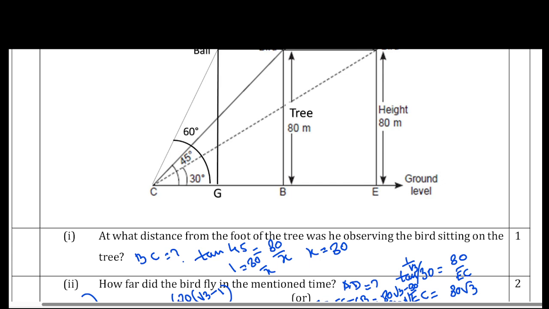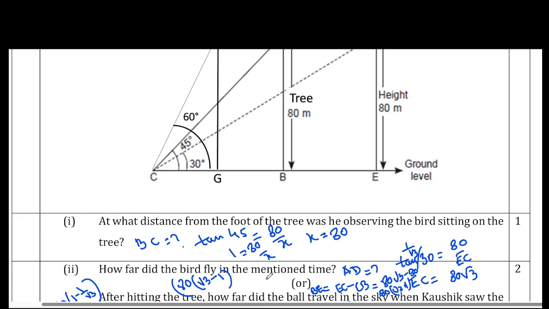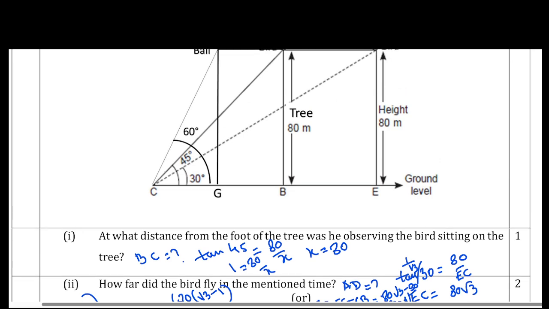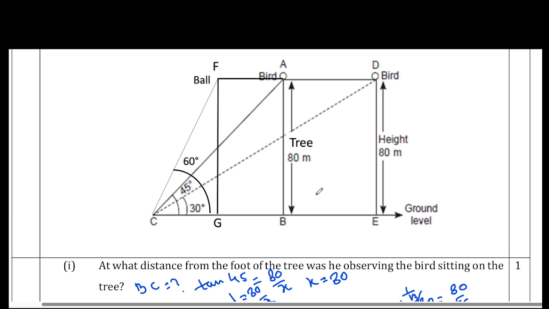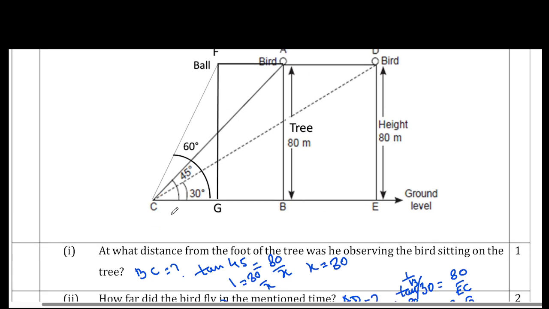This is 1 mark. How far did the bird fly in the mentioned time? In the mentioned time, means 2 seconds, but flying up to this distance. So this much the bird flew, AD, and AD equals BE. What will be the distance of BE? From this triangle you can calculate CE: tan 30 equals 80 by CE. You already calculated BC equal to 80.